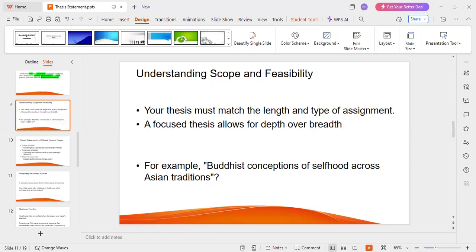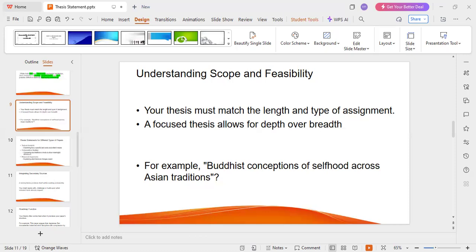I think it is in good length and scope because he has narrowed it down to Asian traditions, which means he doesn't focus on Western and other cultures and traditions. Therefore, I think it is in a good length and good scope.